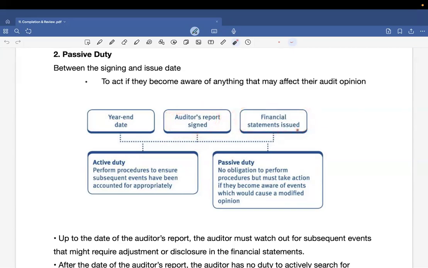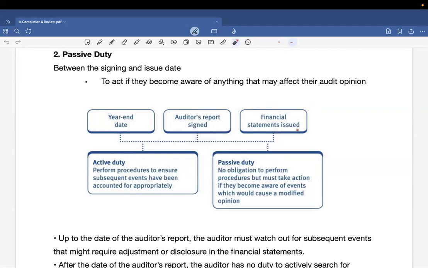Now, from the time the auditor's report is signed and the financial statement has been issued, it is the passive duty. Here the problem is the auditor is not actively doing audits. They have given their verdict and they have backed away towards other claims. They have done everything on their part and they have left.